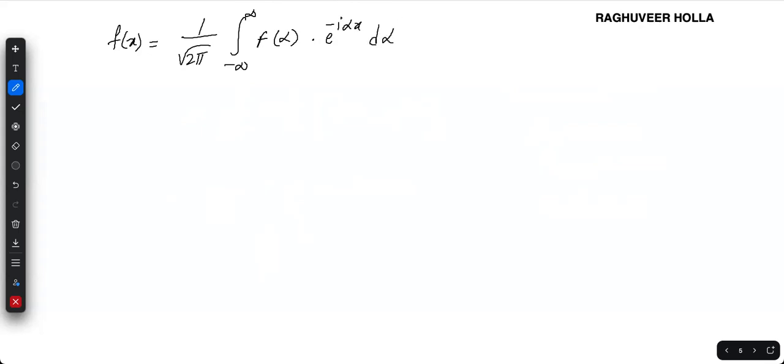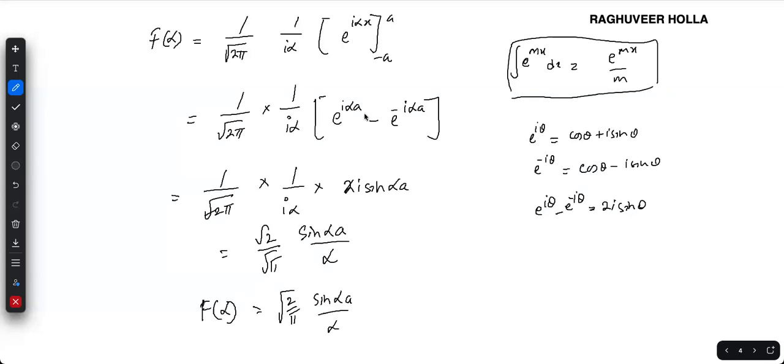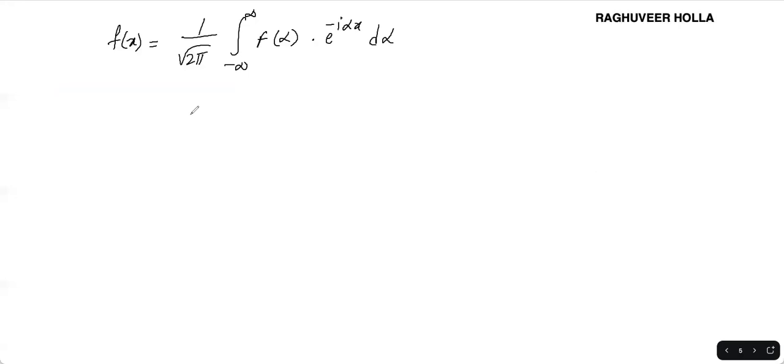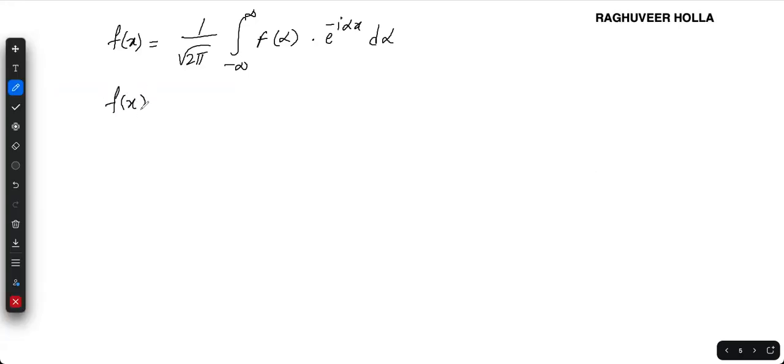Substituting the f of alpha which we just found, f of x is equal to 1 by root 2 pi, integral from minus infinity to infinity of root 2 by pi, sin alpha a divided by alpha, e to the power of minus I alpha x d alpha.